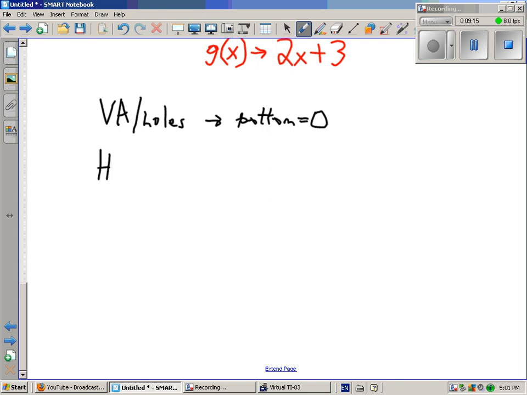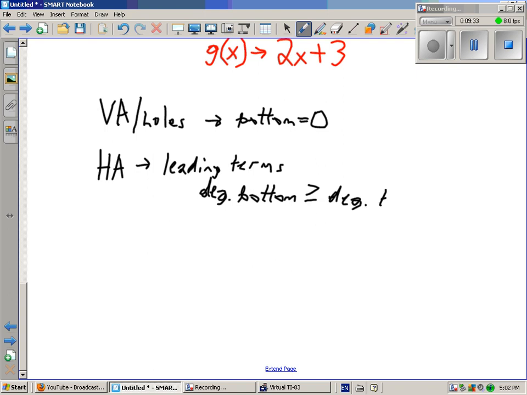Our horizontal asymptote, we look at the leading terms, and we can only do that when the degree of the bottom is greater than or equal to the degree of the top. Okay, so this little section here looks a whole lot like what I did right at the beginning. Now, finally, our last section, slant asymptotes, or SA.